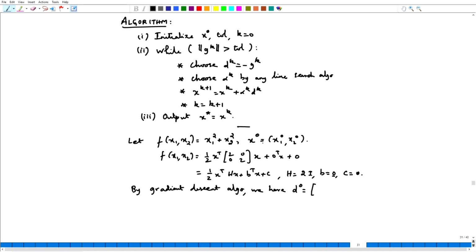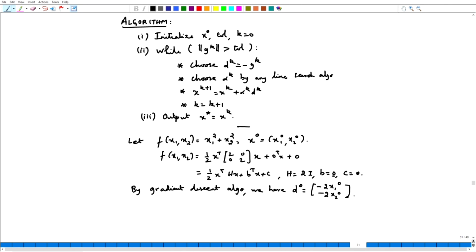So, at x naught it is 2 x 1 0, 2 x 2 0, and since we want minus g k, d 0 is minus 2 x 1 0, minus 2 x 2 0. So, this is the value of d 0.